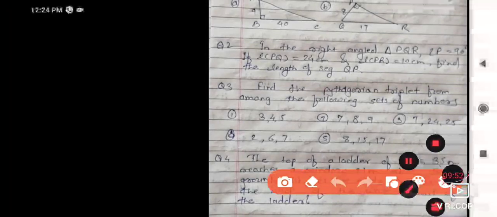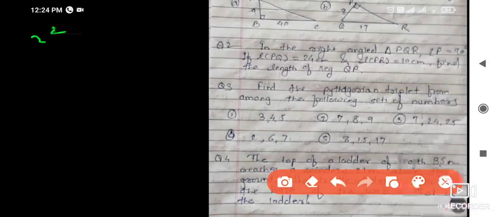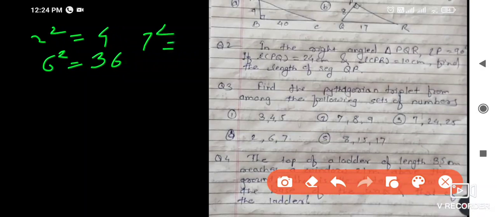Now the next question is 2, 6, 7. 2 square is 4, 6 square is 36, and 7 square is 49.